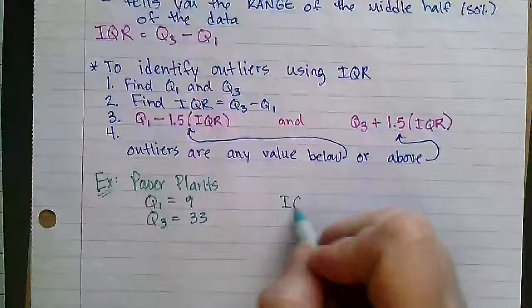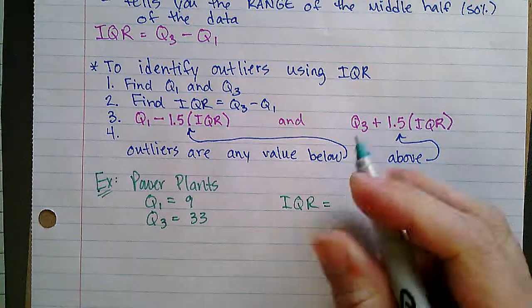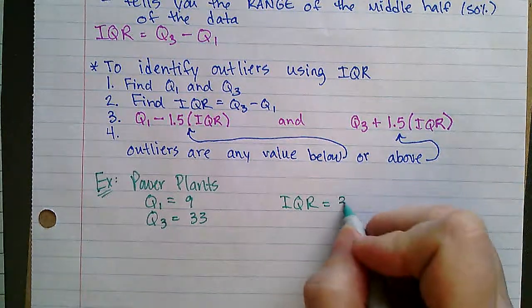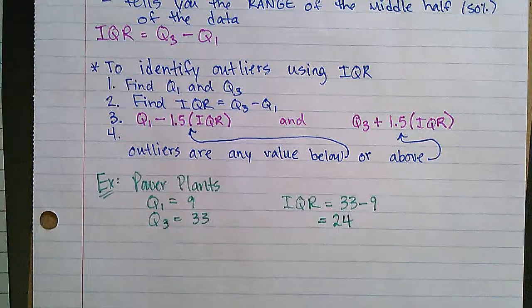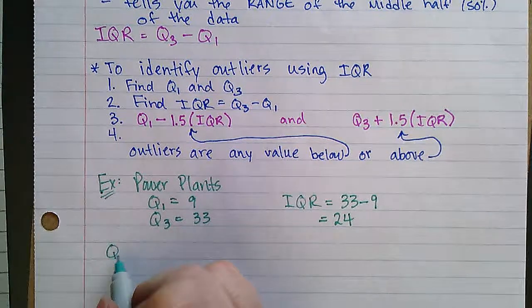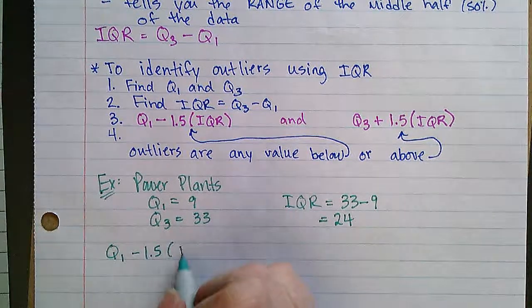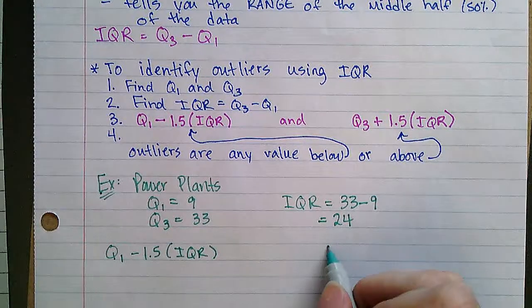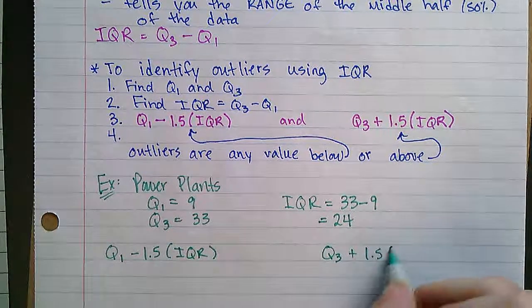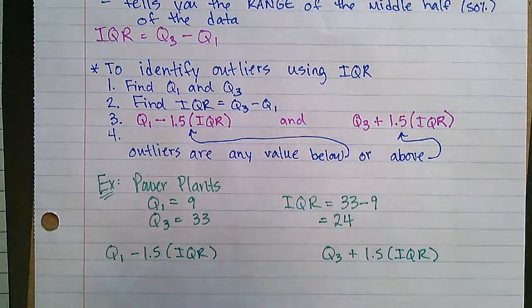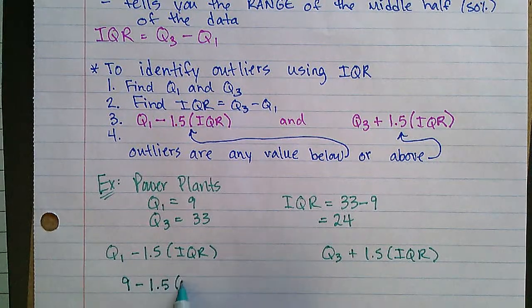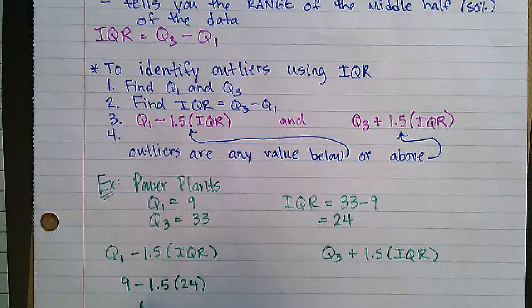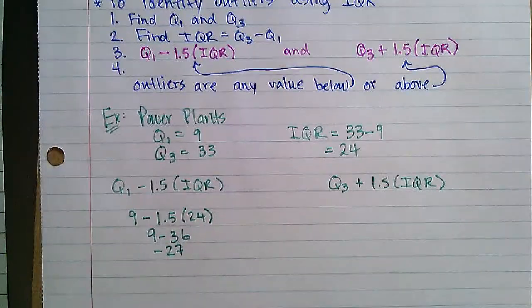So we want to compute IQR, which is Q3 minus Q1, so 33 minus 9, which is 24. And then we've got to do Q1 minus 1.5 IQR and Q3 plus 1.5 IQR. So we'll take 9 minus 1.5 times 24, which will be 9 minus 36, and that gives me negative 27.